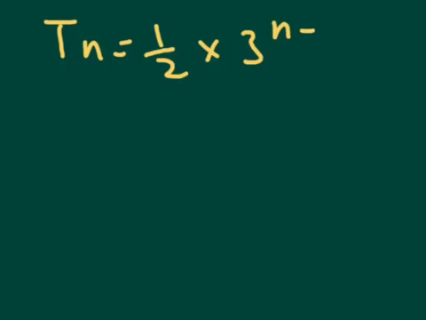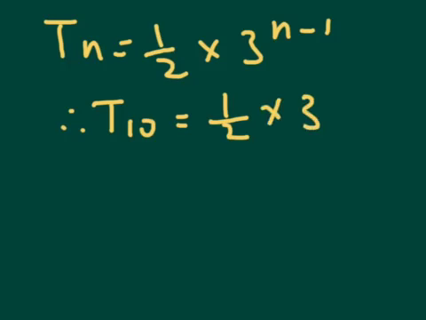So, Tn equals a half times 3 to the power of n minus 1. So the 10th term is simply equal to a half, you can think of this as 0.5 if you prefer, times 3 to the power of 10 minus 1, which is 9.